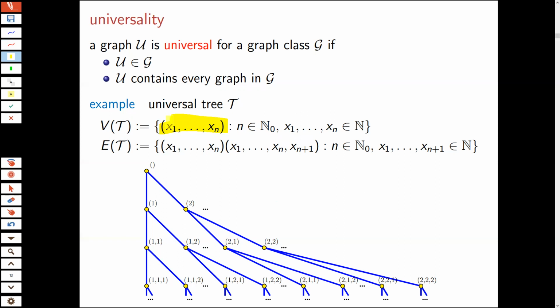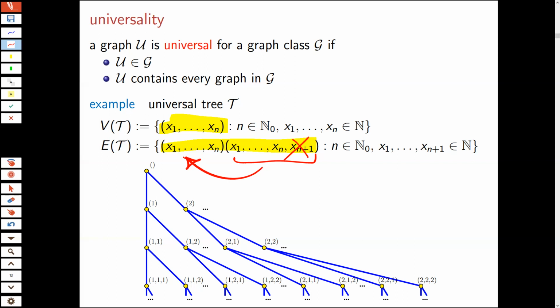And then the vertex x1 to xn is adjacent to x1 to xn plus any other term. Now, if you think of this as a vertex, and you just delete the last entry, then this is the parent. So this defines a tree.